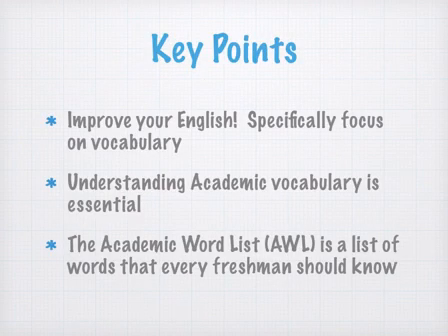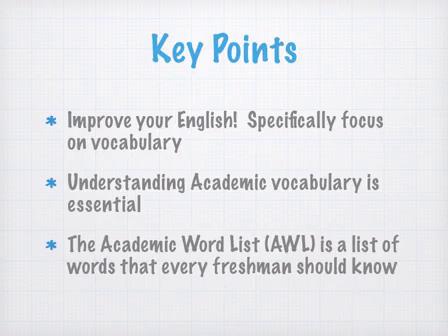Some key points to remember here: you can't really get away without improving your English. You can't really cram effectively for this test just by remembering as many words as possible. You need to improve your general level of English. You need to improve your exposure, how much English you're exposed to.